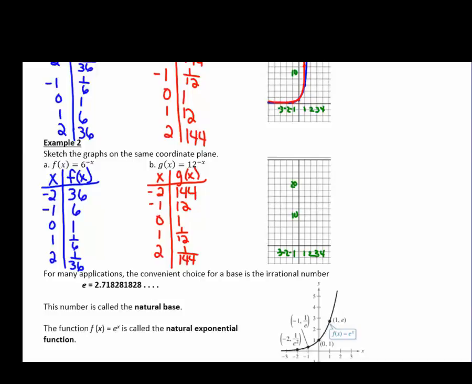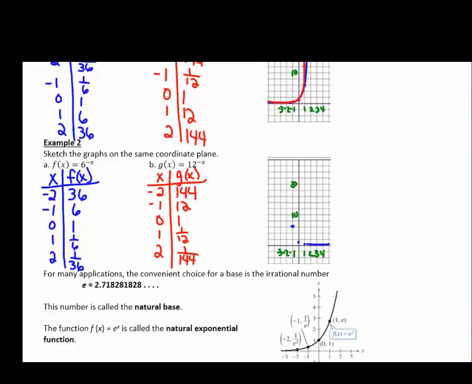Okay, and so now we have the lines labeled, and so we can go ahead and graph our points. So we have (-2, 36), that's not going to fit on our graph, but we can graph (-1, 6), and the point (0, 1), and (1, 1/6), and (2, 1/36). And then we can sketch our graph.